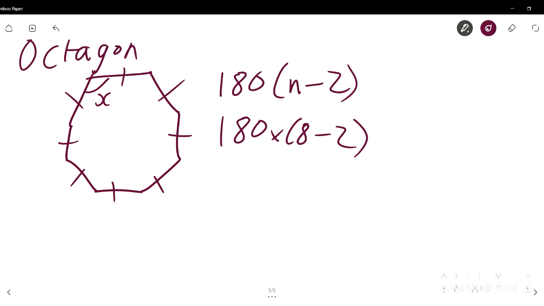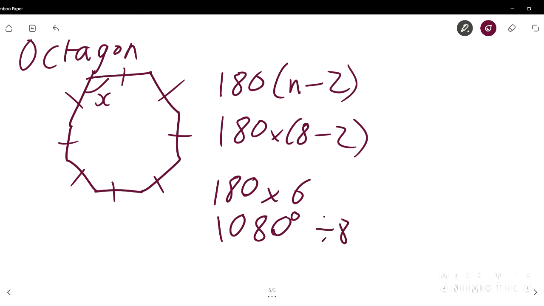So that's going to be 180 times 6. Okay, so 720, what's the next one up from that? 900, so 1080 degrees is all of the interior angles altogether. So divide that by 8 and that'll give you the size of that one angle.